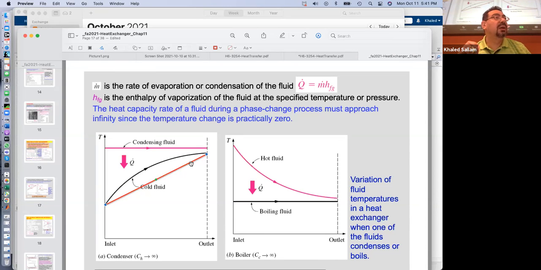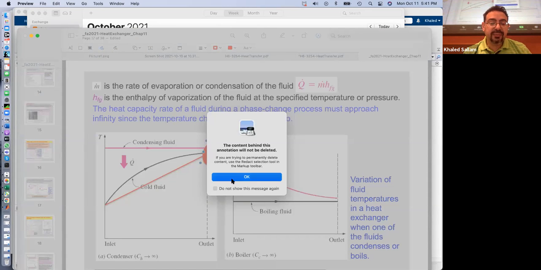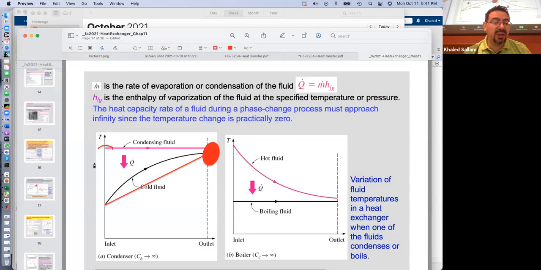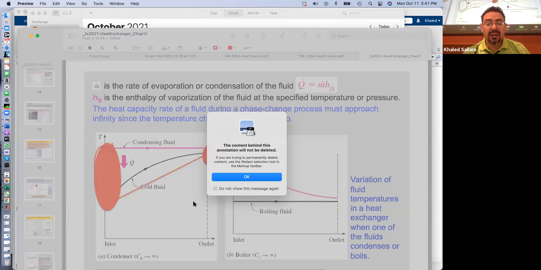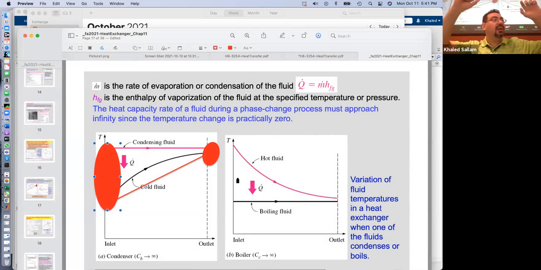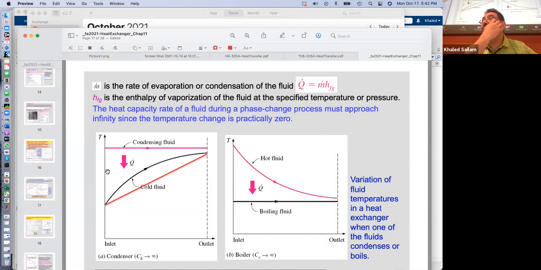However, if the difference between this side and this side is not really that big, if delta T1 and delta T2 are very similar to each other, you will be happily surprised that the average will do almost the same job as the logarithmic mean temperature difference.